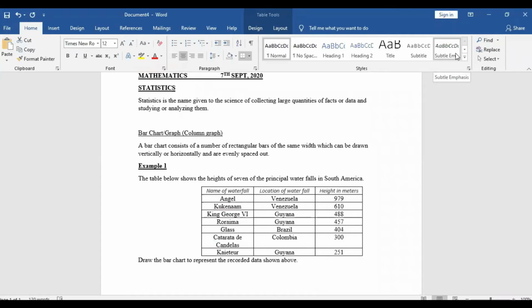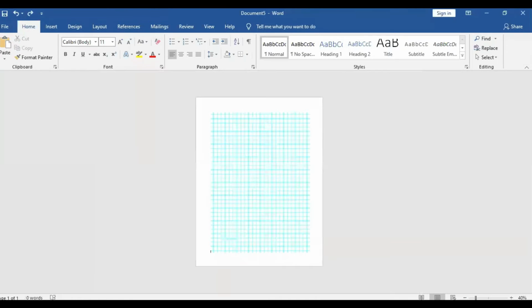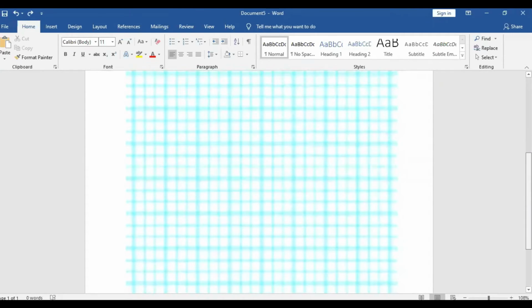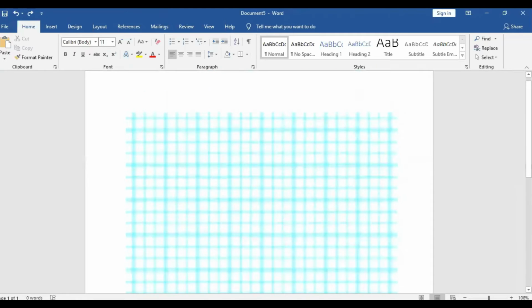So I'm going to guide you as to how to construct the bar chart or bar graph. Note that you may not get a perfect picture here, but I'll give you an idea and you can do it from your end. I have a graph paper here, which is not really clear, but I will show you how you go about doing the graph. Your bar graph consists of one quadrant.